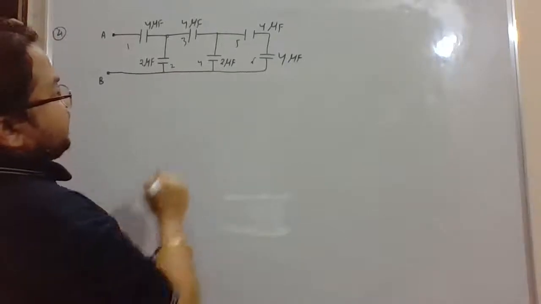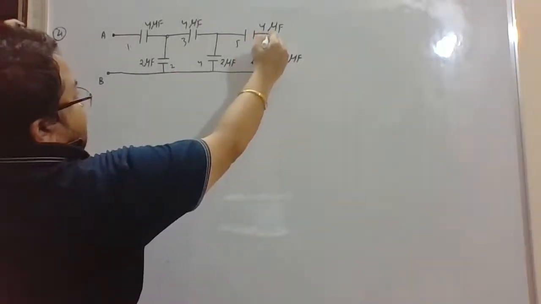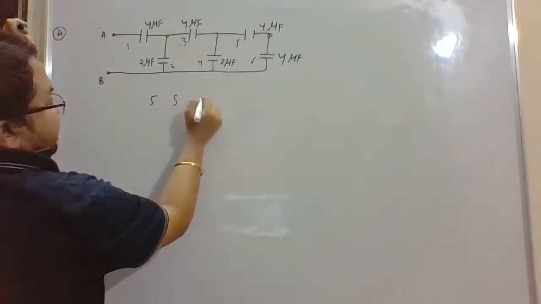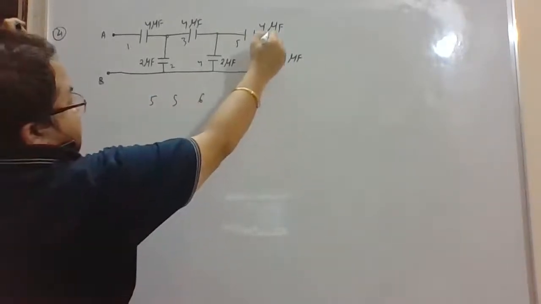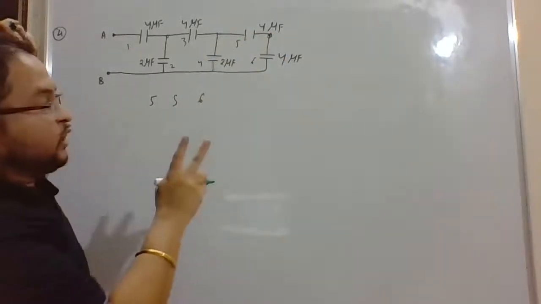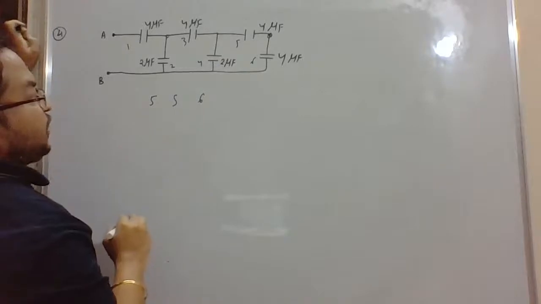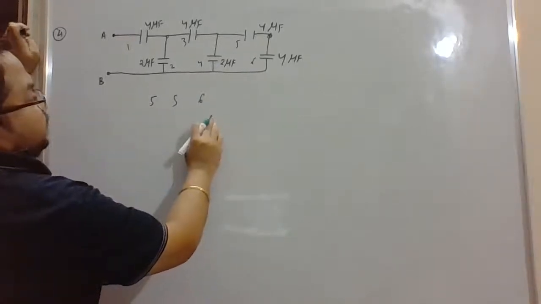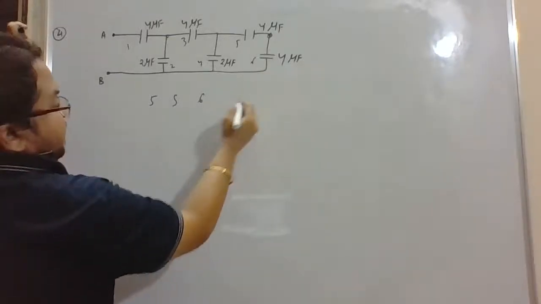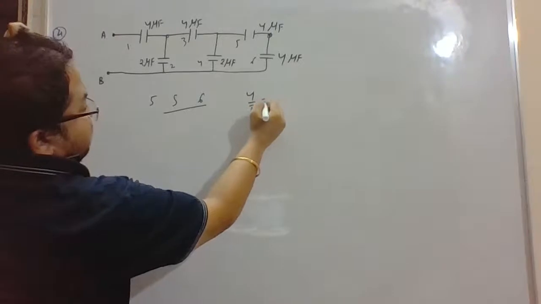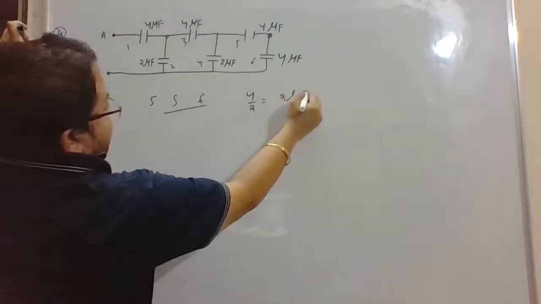But between capacitors five and six, I can say 5 is in series with 6. Simple reason: this is the junction point, and at the junction point there are two and only two capacitors. So they are a happy, lovers couple. So 5 is in series with 6, which means the equivalent capacitance would be 4 by 2, that is nothing but 2 microfarad.